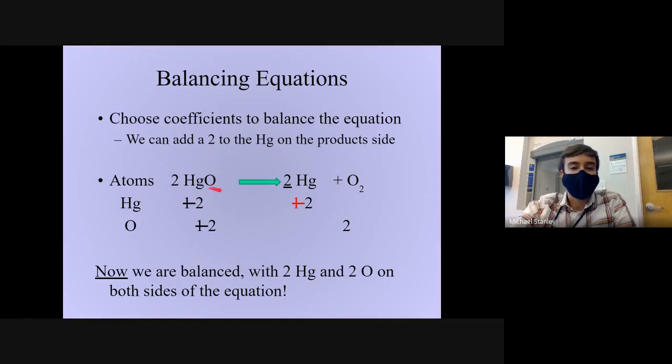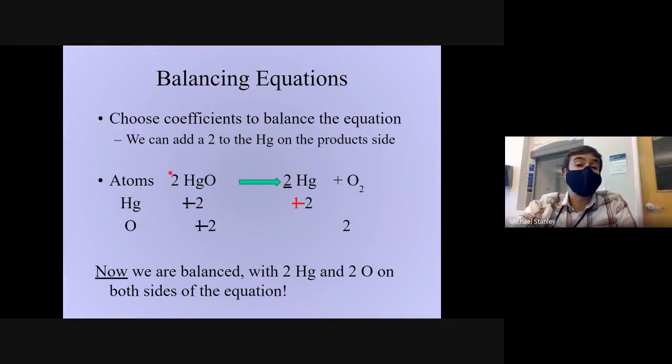Remember, we can never do anything with these subscripts right here. These always have to stay the exact same as they're originally written. We can only mess around with these coefficients here. And yeah, the first important thing to remember about coefficients is that if you add one to a compound like this, it applies to both of them equally.